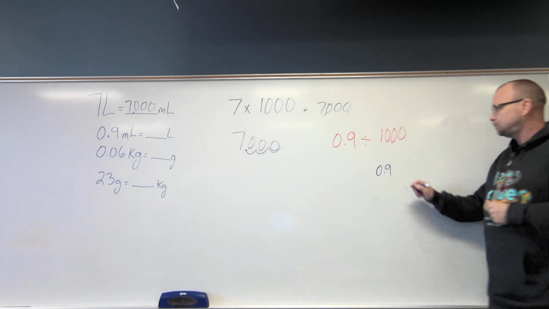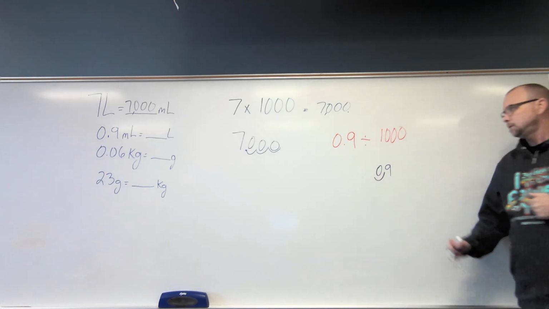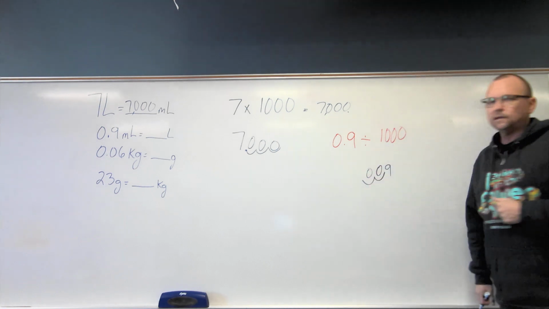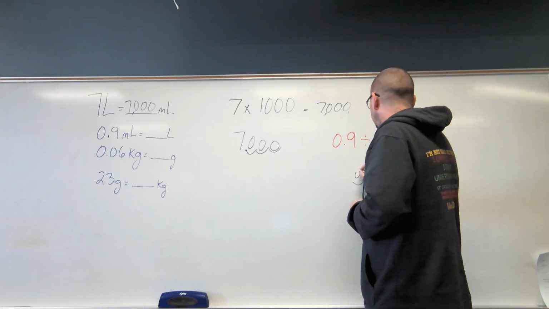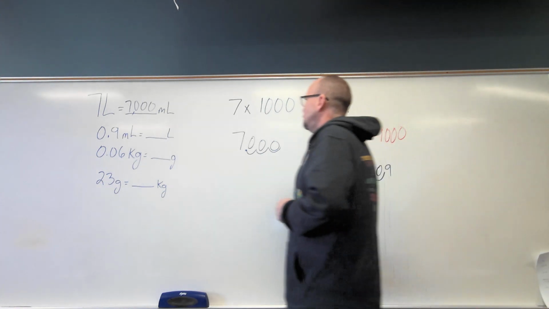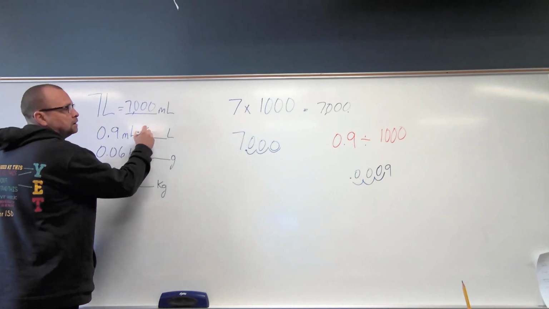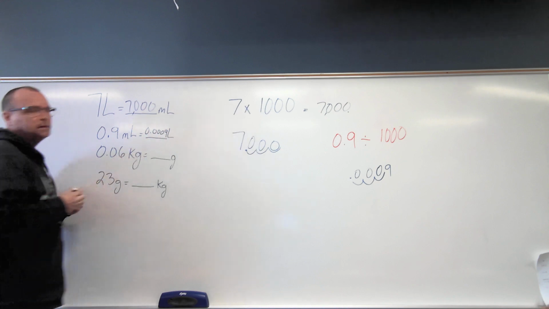If I move it to the left once, that becomes 9/100. I move it to the left again, that's 9 thousandths. I move it to the left again, and I get 9 ten-thousandths. So it should be 0.0009.